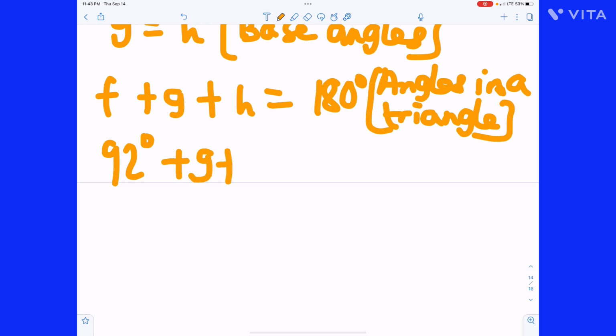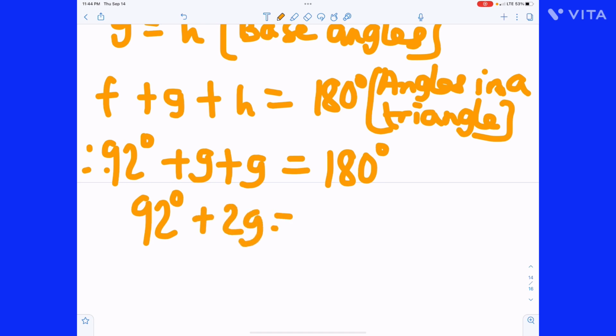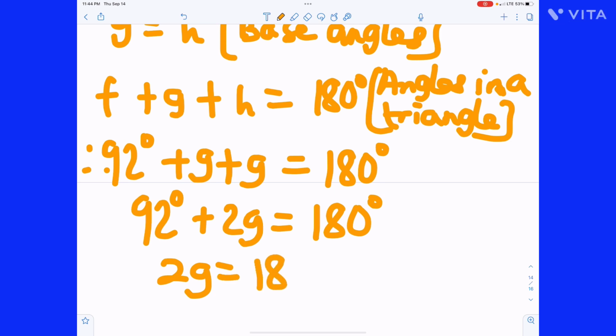So I can say F plus G is 180. I'm doing this because G and H are the same. So I can write G for H or H for G. So that's 92 plus 2G is 180.